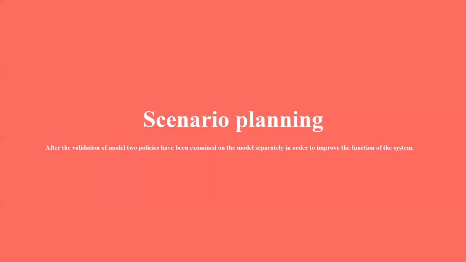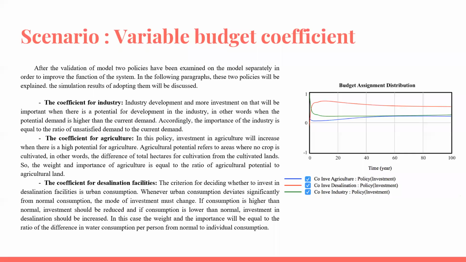So after validating the model, we adopted some policies and tried some scenarios on the model, and the most important and most useful scenario was a variable budget coefficient. In the original model, we used a constant coefficient to distribute the budget among agriculture, industry, and desalination facilities.